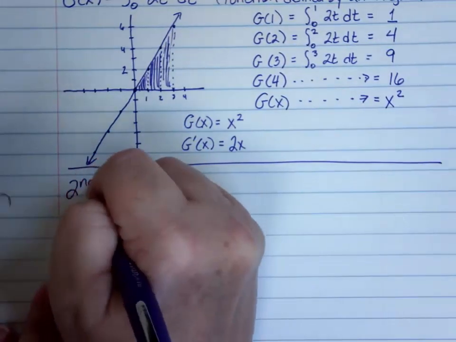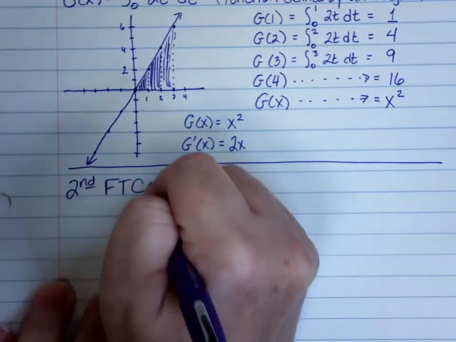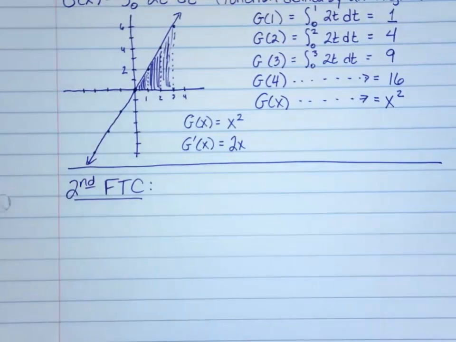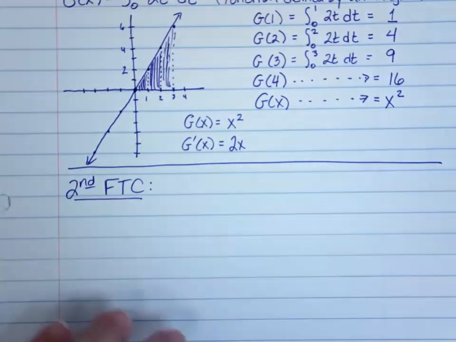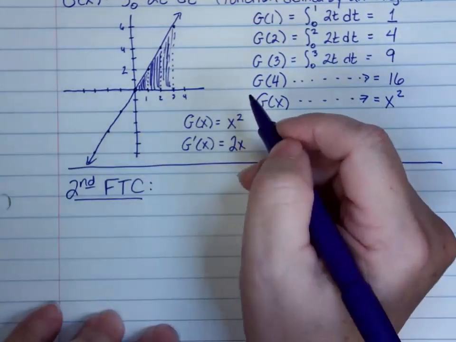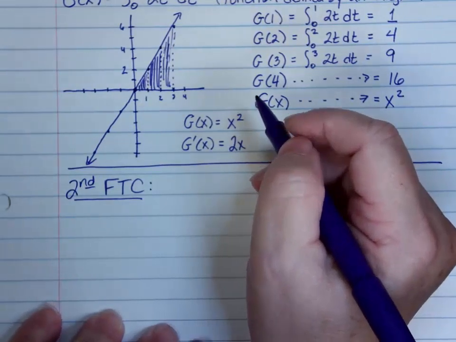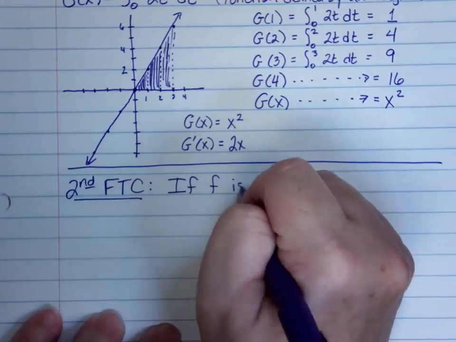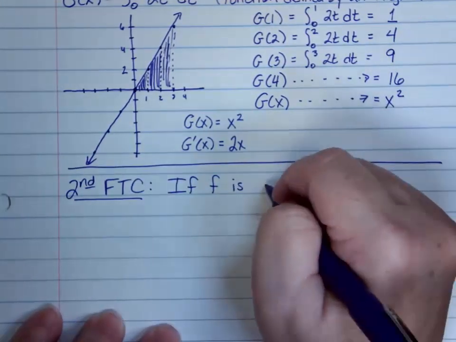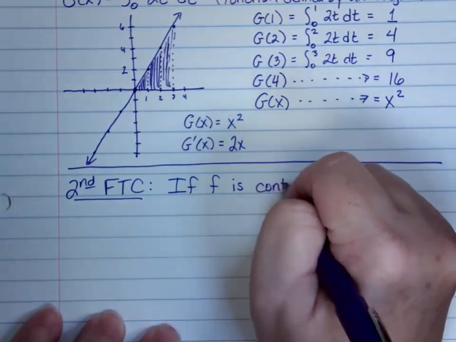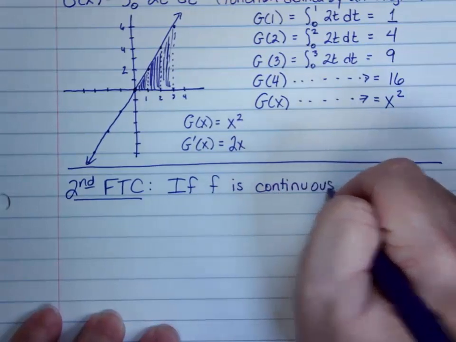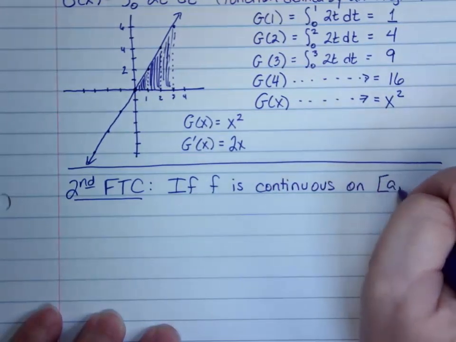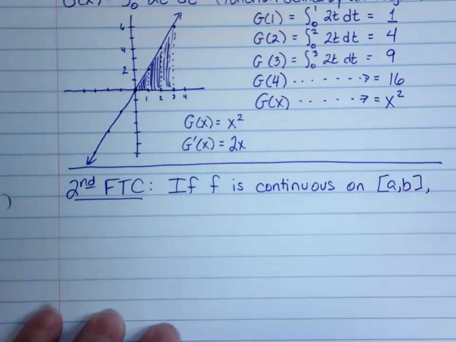This is second FTC, the second fundamental theorem of calculus. It starts with the same phrase that every single theorem starts with. If little f is what? Continuous, exactly, yes, on the closed interval from a to b, comma.